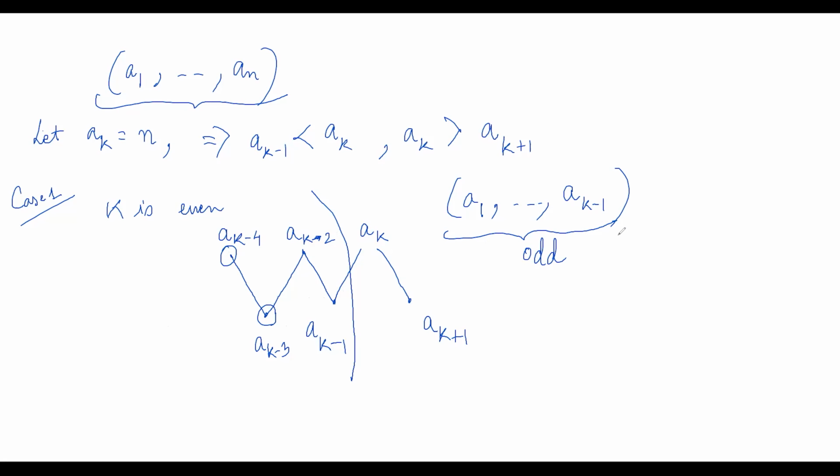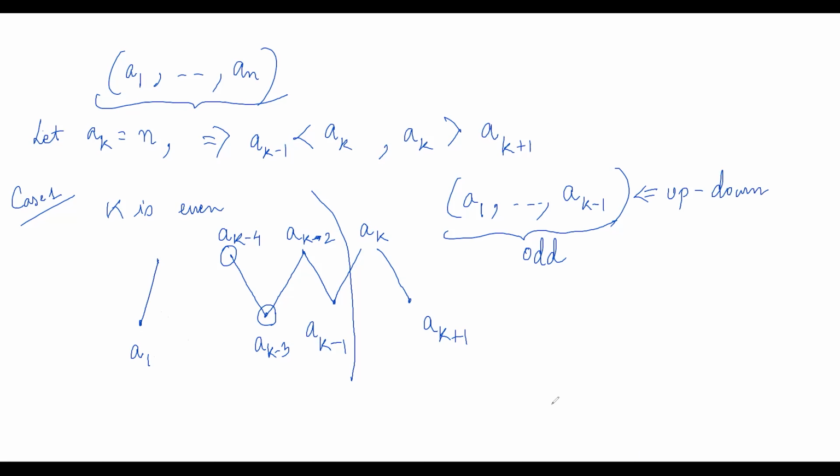And so since you have an odd number of terms, a1 will start from below, and after that it will go up and so on. So this will be an up down permutation.